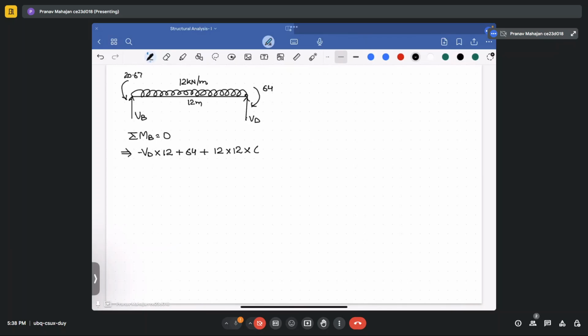6. I think this is 2. If this is 2, then this also becomes 2. Okay. 6 minus 20.67 equal to 0. Then you will get VD as 15.61 kilonewton.